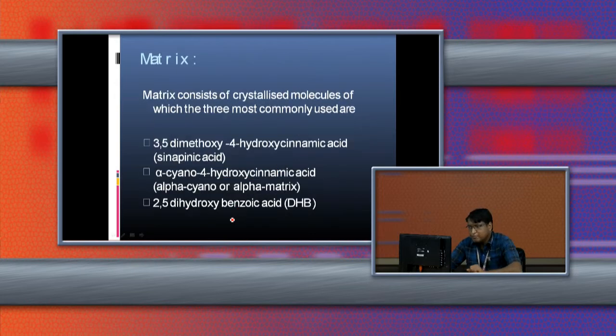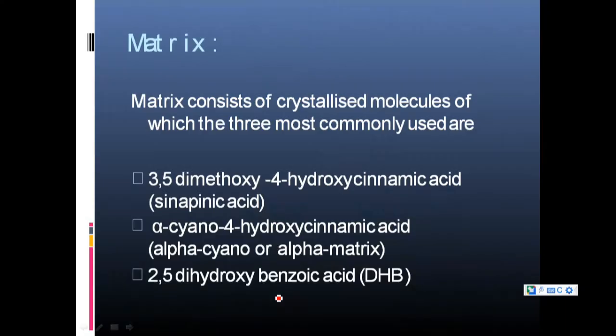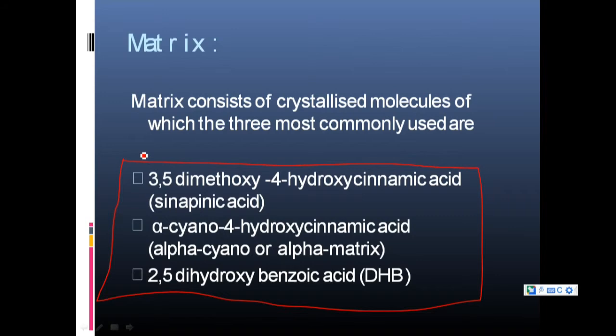Fine. And what materials are used as the matrix? There are three different things. 3,5 dimethoxy 4-hydroxycinnamic acid, alpha cyano 4-hydroxycinnamic acid, and 2,5 dihydroxybenzoic acid. Guys, this is very important. Remember all these things both for your section A as well as section B questions, right?